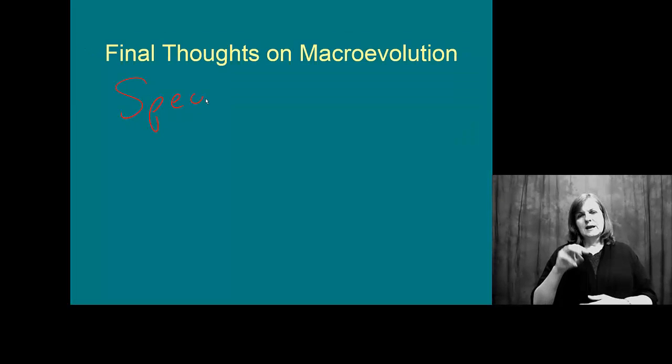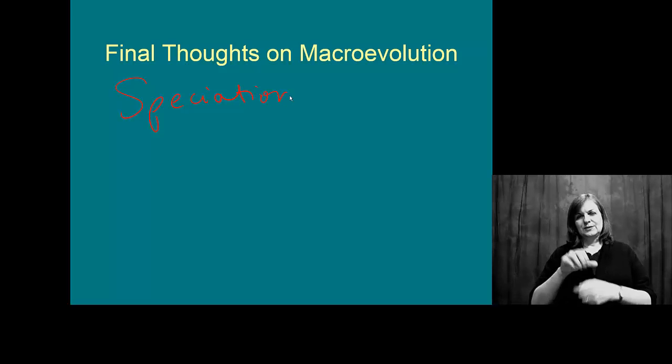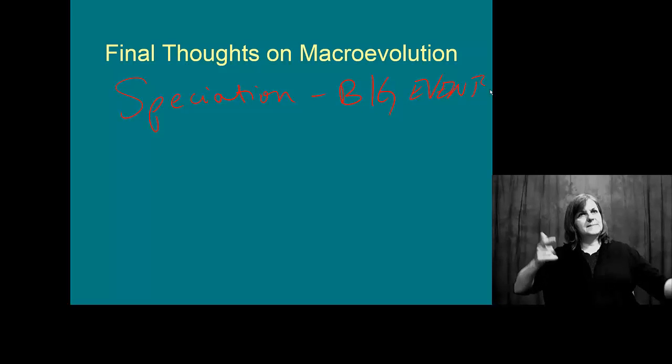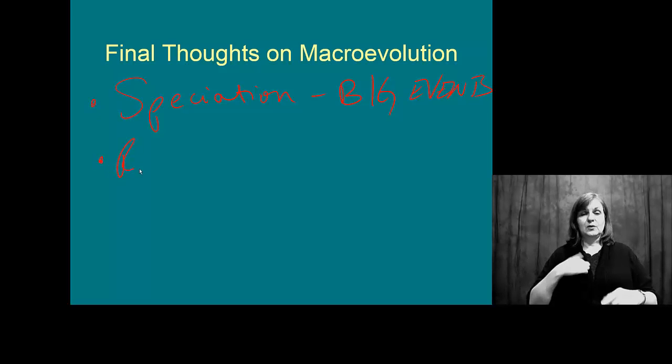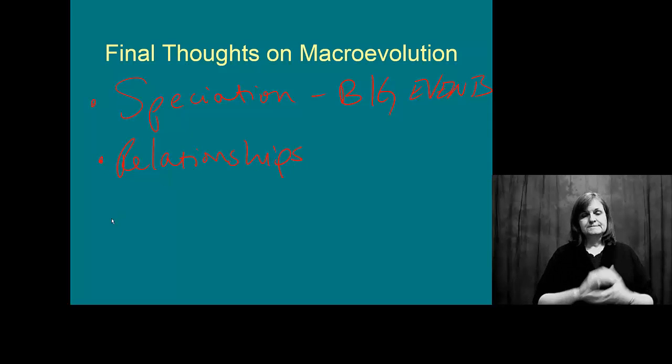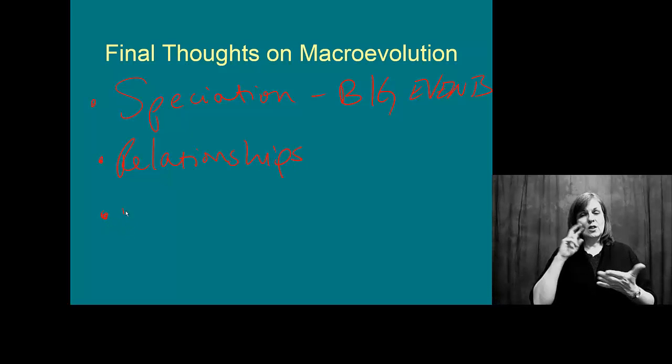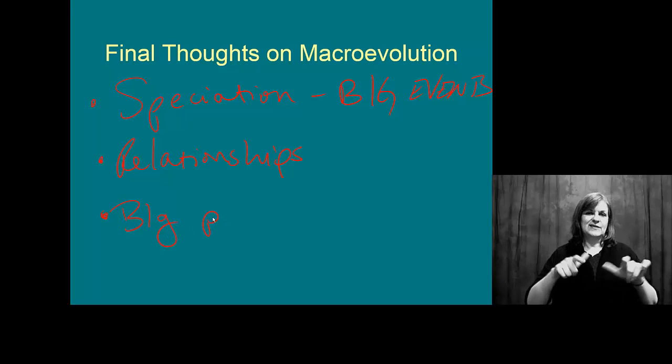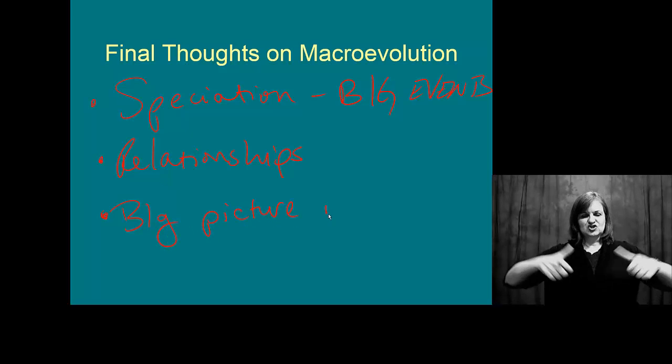So with macroevolution, remember we have to talk speciation events. So these are big events. Okay, we want to look at relationships between organisms, and we want to look at kind of big picture relationships.